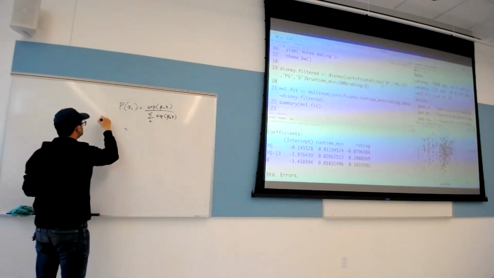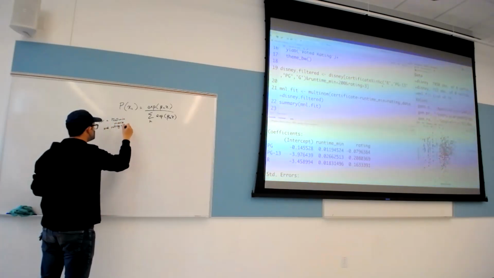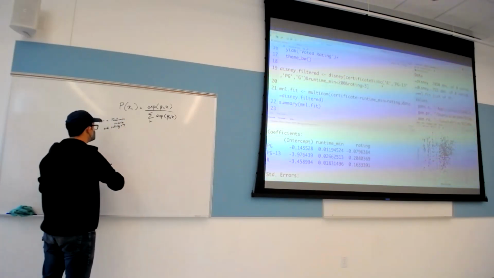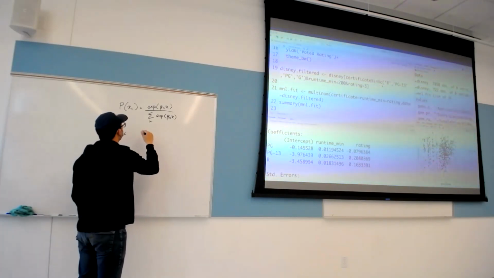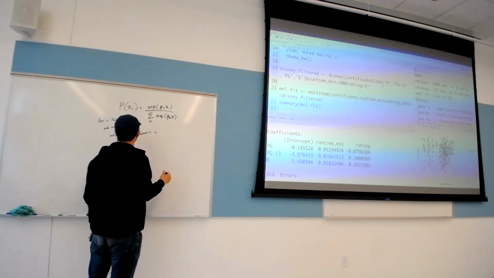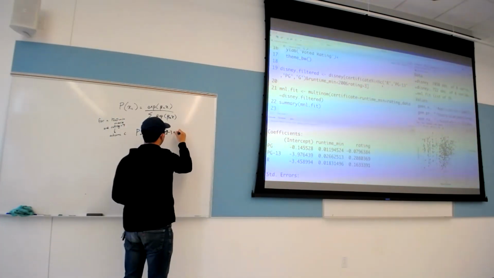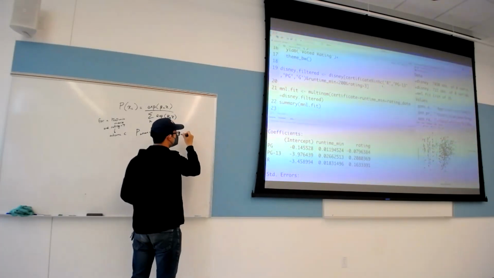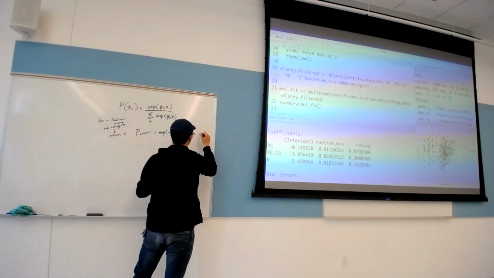So in this case, for a 120-minute movie and rating equals 7, let's say this is outcome C. Then I could say the probability of outcome C is equal to exp of this guy with those parameters, so -3.9 plus 0.0266 times 120 plus 0.2 times 7.